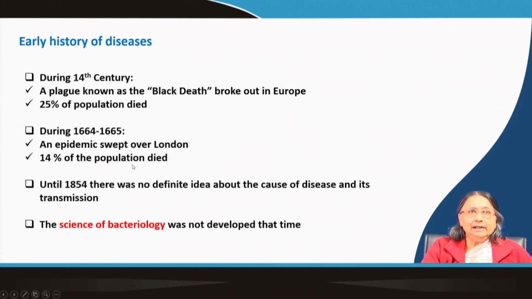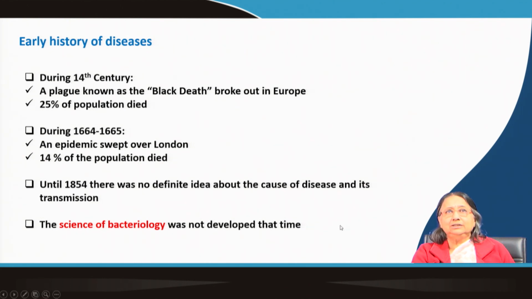Until 1854, there was no definite idea about the cause of disease. Why this type of epidemic or plague swept over during that time, the cause was not known. How it was transmitting from person to person was also not known, because the science of bacteriology was not developed at that time.